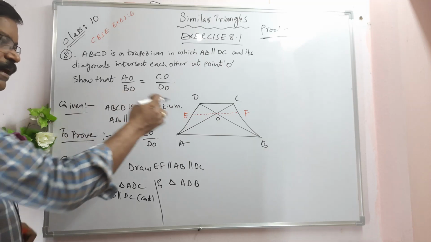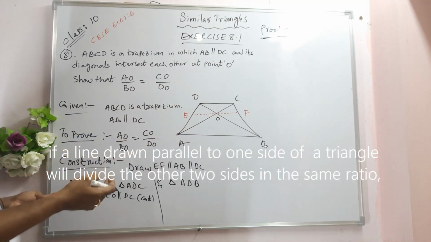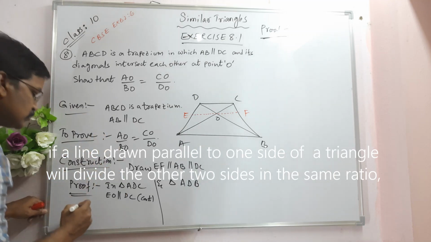Whenever a line is parallel to one side of a triangle, it will divide the other two sides in the same ratio.